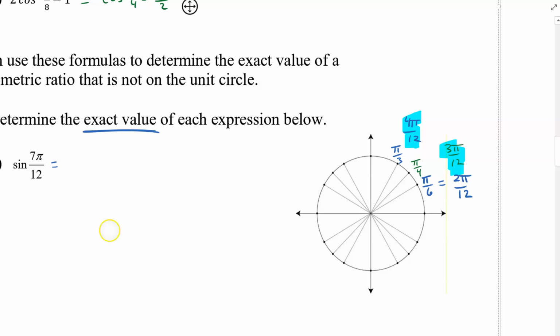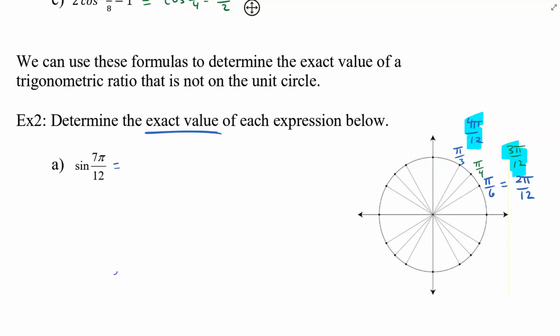So our first step is to say that sine of 7 pi over 12 is the same thing as the sine of 3 pi over 12 plus 4 pi over 12. And remember, we've chosen those purposefully because we know what they are.